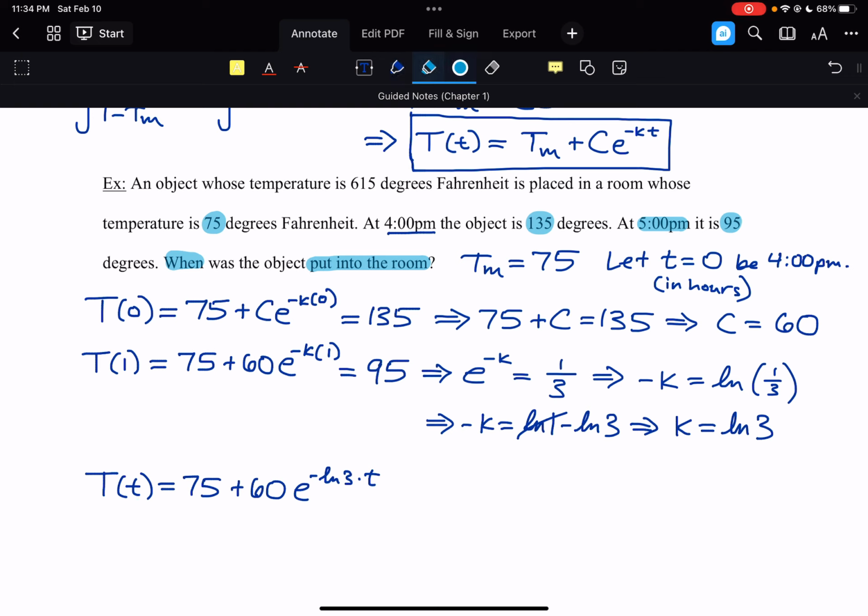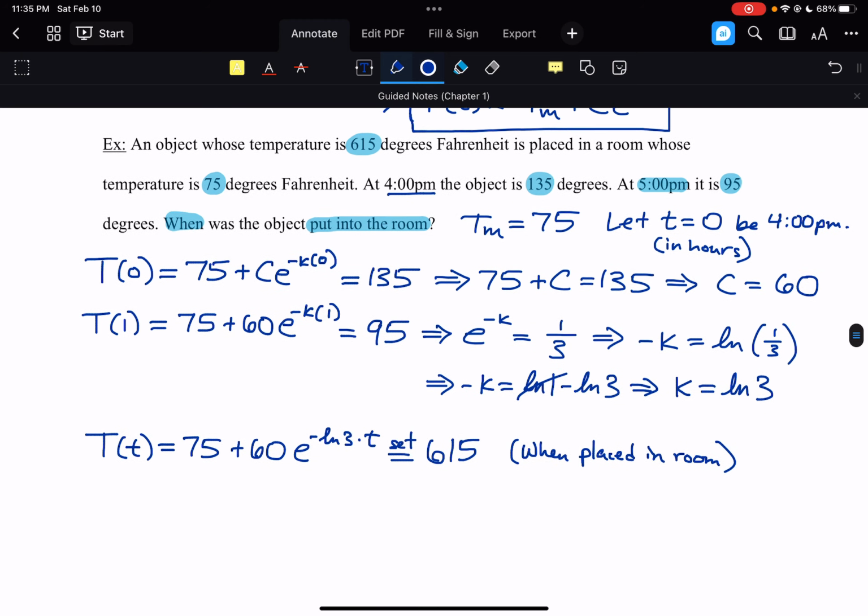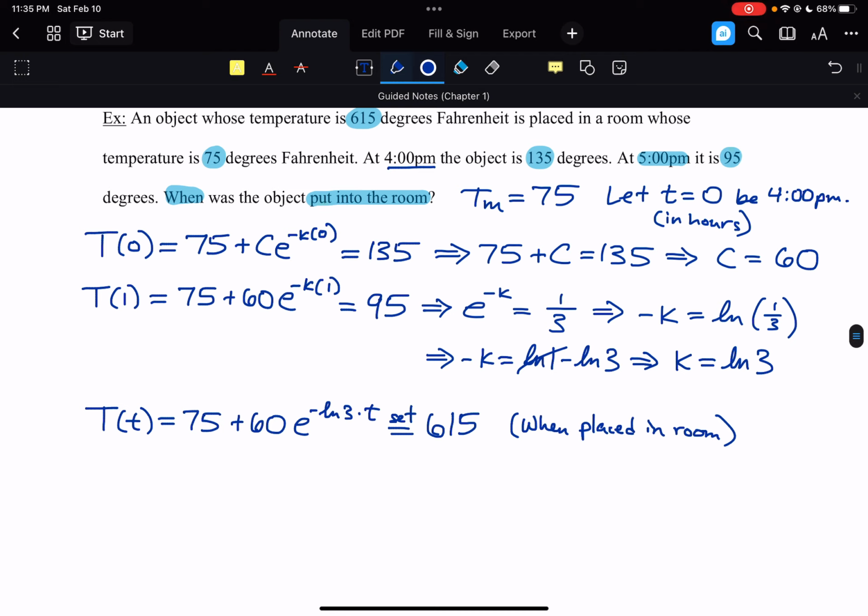The only thing we know about when it was put into the room is that it was 615 degrees. So we're going to take this equation and set it equal to 615 degrees. That was when placed in the room. And now we need to solve this for t. We need to find the time at which this occurred.